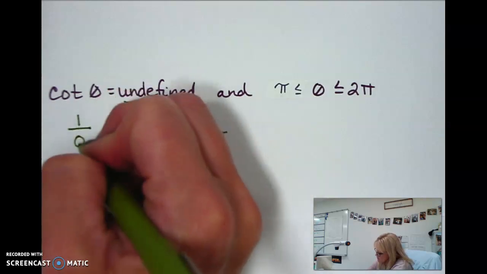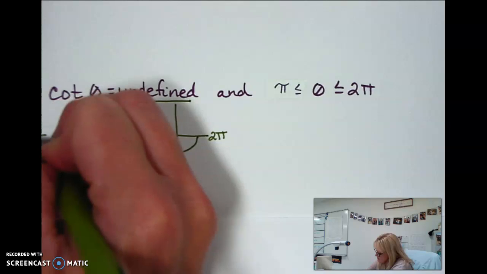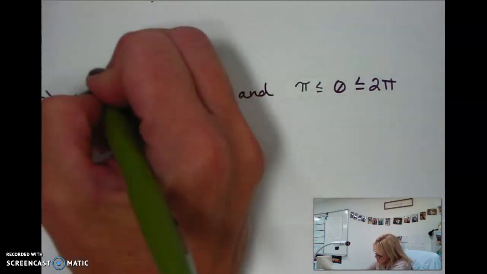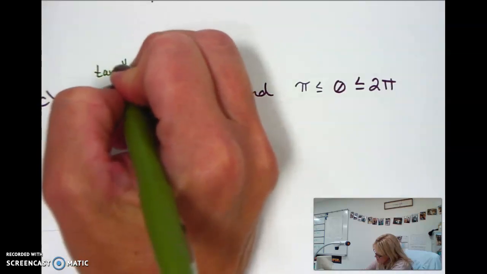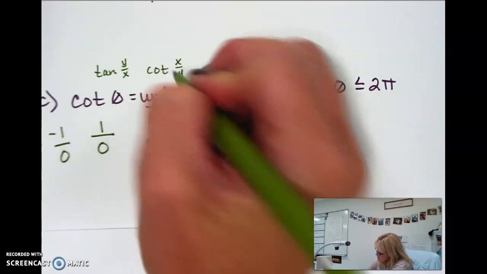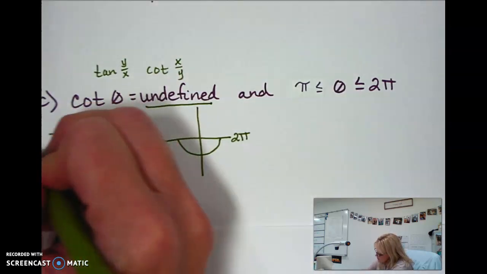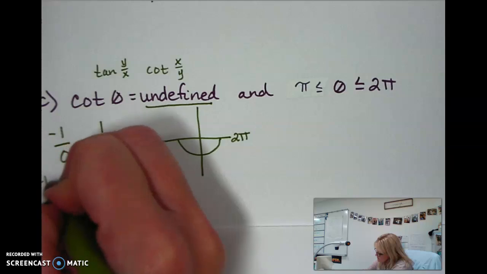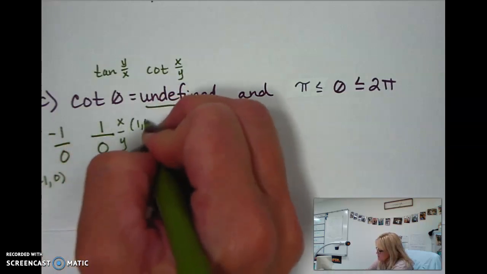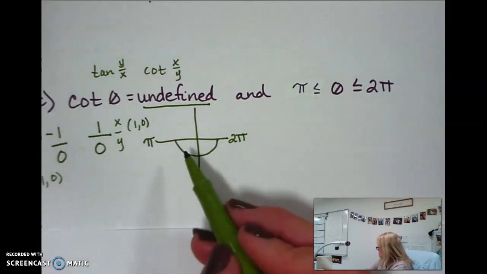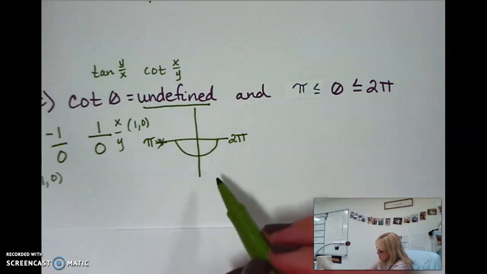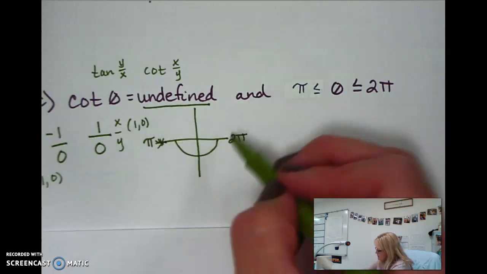Well, it's either going to be 1 over 0 or negative 1 over 0. Tangent is y over x. Cotangent is x over y. So it's either my point negative 1, 0, or my point 1, 0. Well, negative 1, 0 lies right here. 1, 0 lies right here.